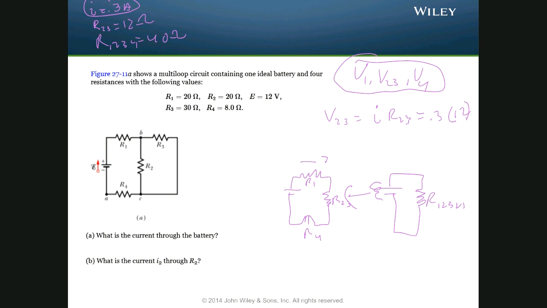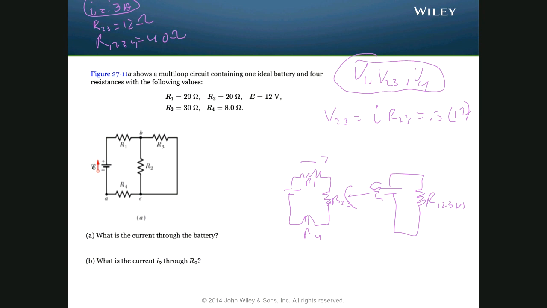So 0.3 times 12, 30% of 12, is going to be 3.6. Did I do that right? Yes, 3.6.